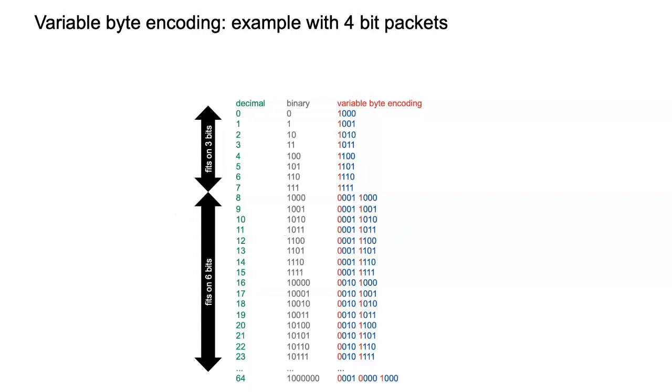So in that case, for 4 bits, between 0 and 7, the 3 bits are enough. So I just put a 1 in front because that's the one and only packet, followed by the 3 bits with the binary representation. And then all the way from 8 up to, I have to think, that is 2 to the power of 6, that's 64.